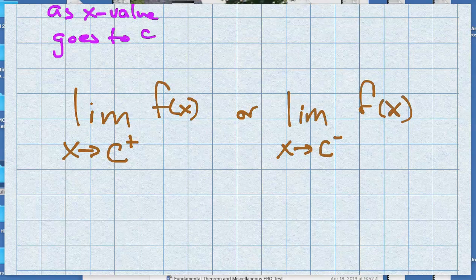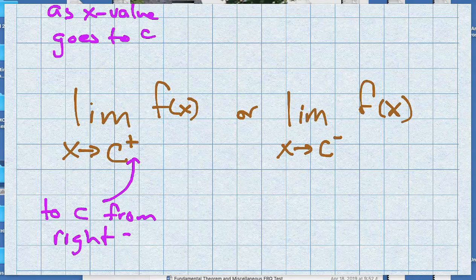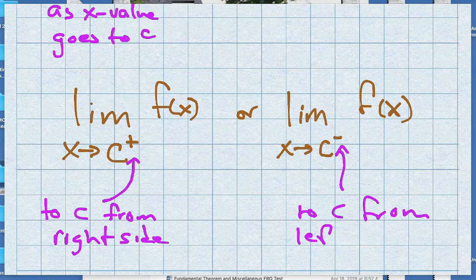Remembering what that referenced: this plus references approaching c from the right side, and this minus is approaching c from the left side. So that's either coming from numbers that are bigger than c or coming from numbers that are smaller than c. That's the notation. So you might need to look at that.